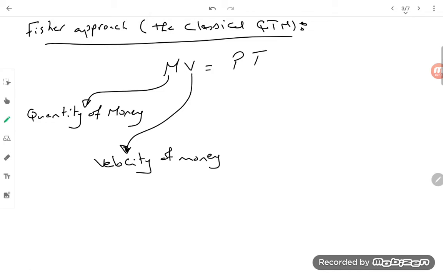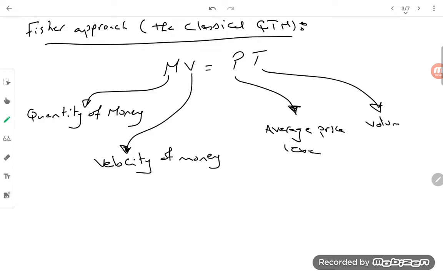which shows the number of times money circulates in the economy, or money moves from one hand to another in the economy during a specific period of time, usually 1 year. And B is the general price level or the average price level. And T stands for transactions or volume of transactions.